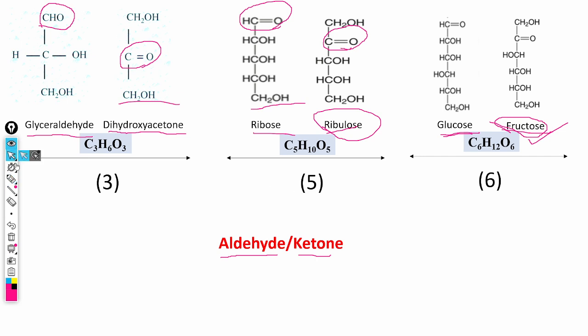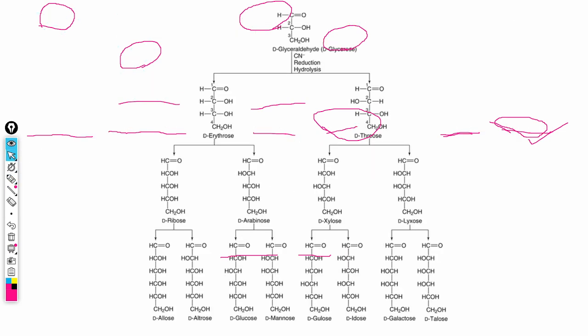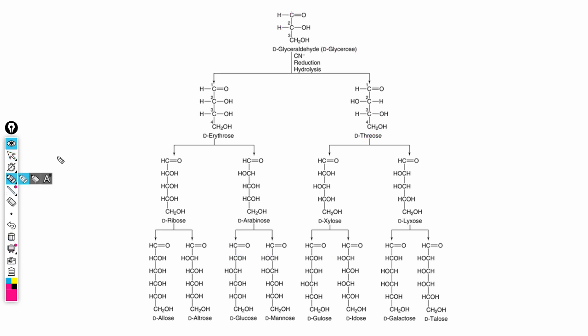Now, there are different types of monosaccharides. For example, this is glyceraldehyde, the C3. Then erythrose and threose are the C4. And ribose, arabinose, xylose, lyxose are the C5.